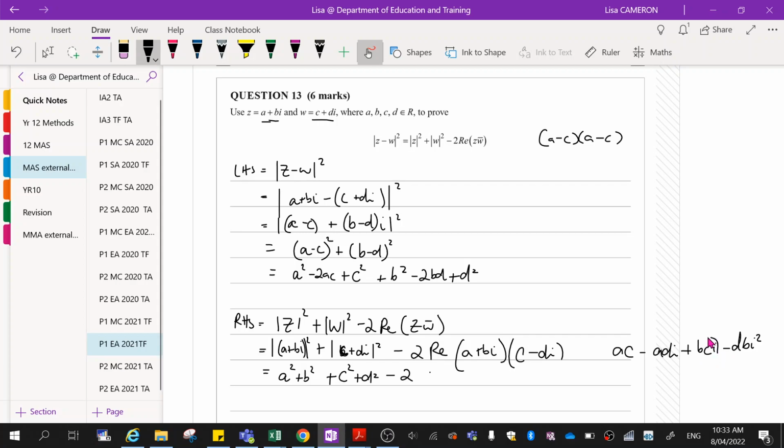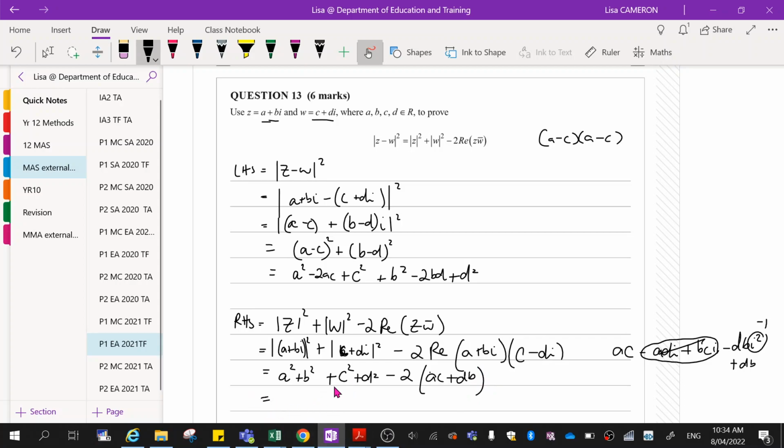So these two terms in the middle are imaginary, which means they're not getting included. When I take the real components, I'm only taking the ac part forward, and I'm going to take the dbi squared, because this will become minus 1, meaning that that will become plus db. So plus db.